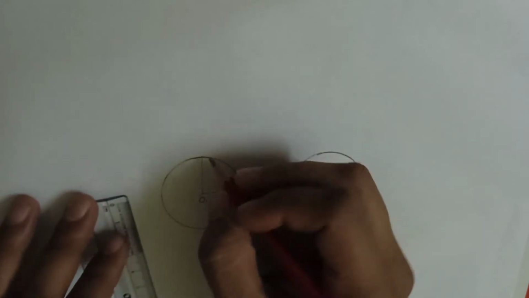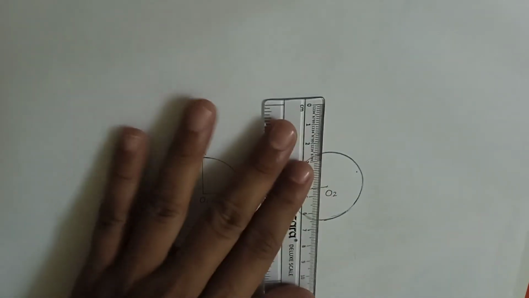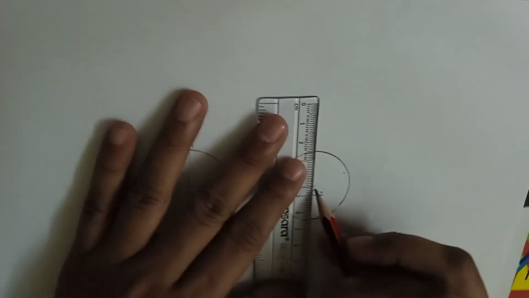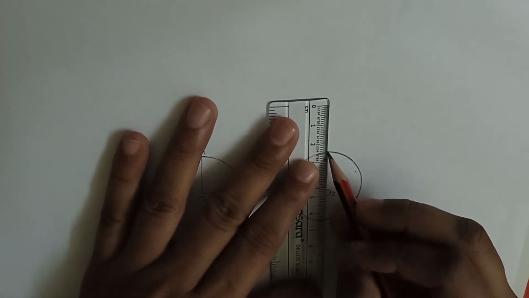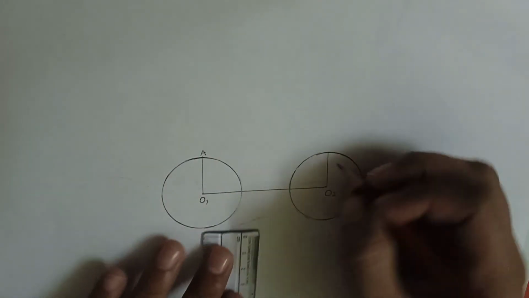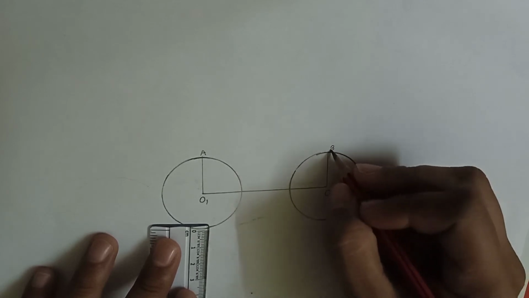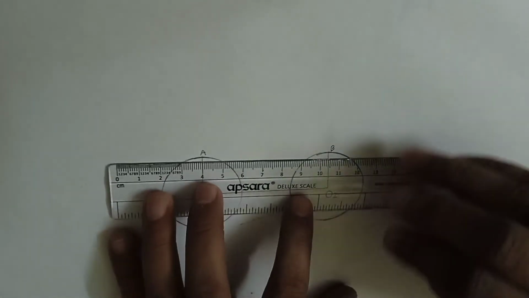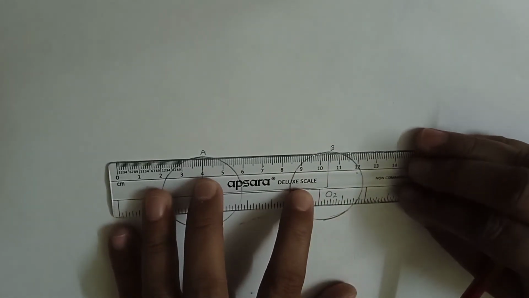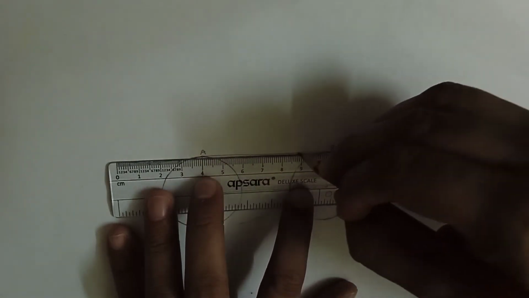Where it meets the circle, let us name it as A, and similarly we draw a perpendicular line from the center of the other circle and name the point where it meets the circle as B. Now join these two points A and B. This is a common external tangent to both the circles.